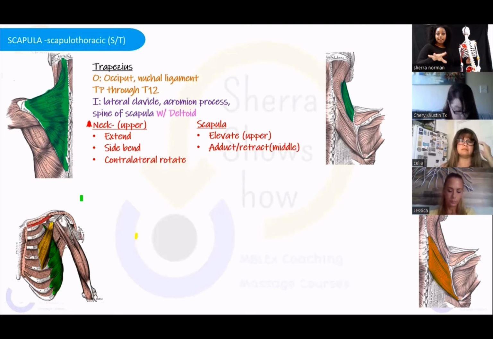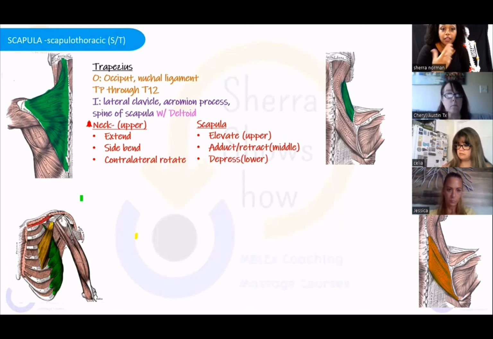Be familiar with adduct and retract and abduct and protract, okay? And then the lower fibers, please don't forget this, are going to depress. So these lower fibers reach up, grab onto the scapula, and pull it down.